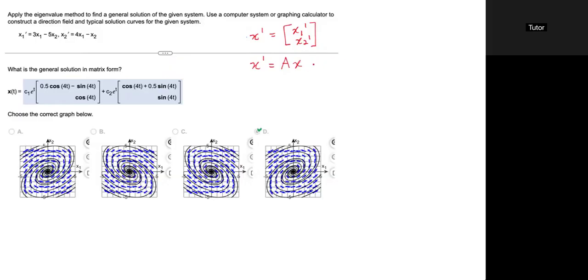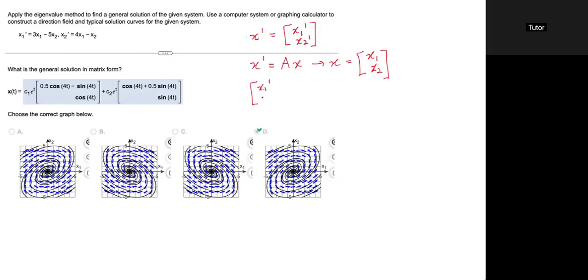In this case, the x matrix is equal to x1, x2.